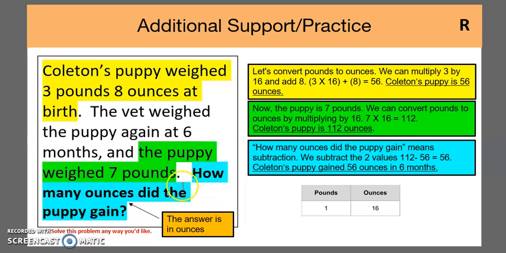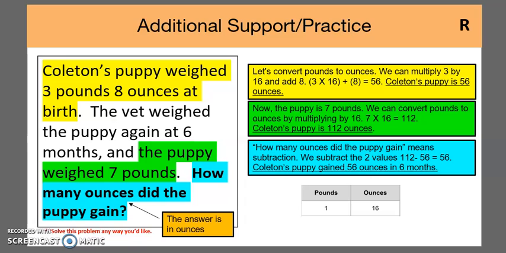So what we're going to do is compare the two weights, the one at birth and the one 6 months later, and we're going to subtract. We want to know that value when we subtract, which is how much weight is gained by Colton's puppy. So we take 112 and subtract 56, and we get 112 minus 56 gives us 56. So Colton's puppy gained 56 ounces in 6 months.